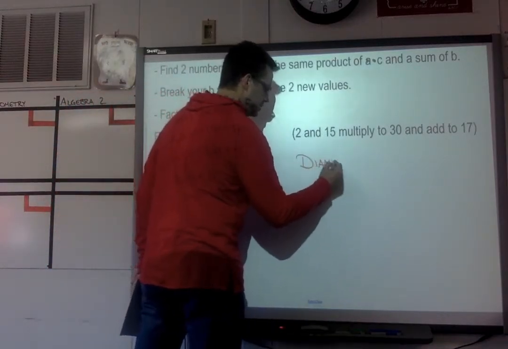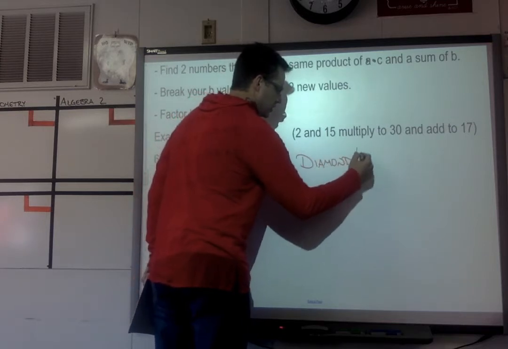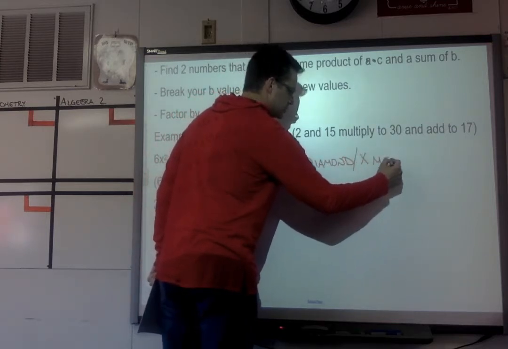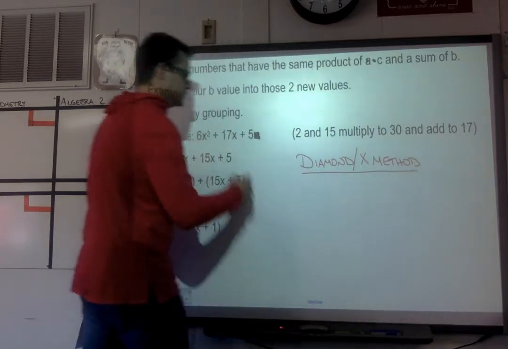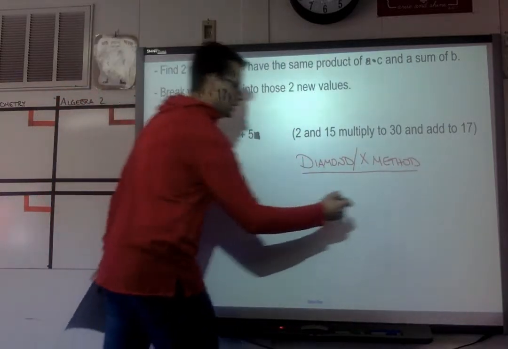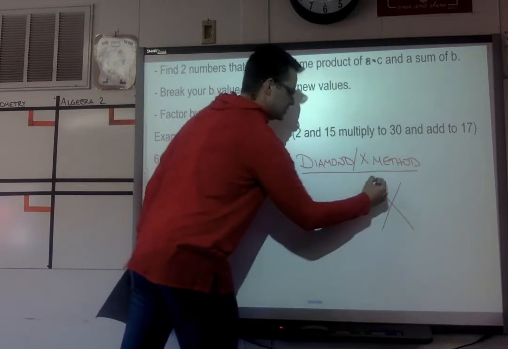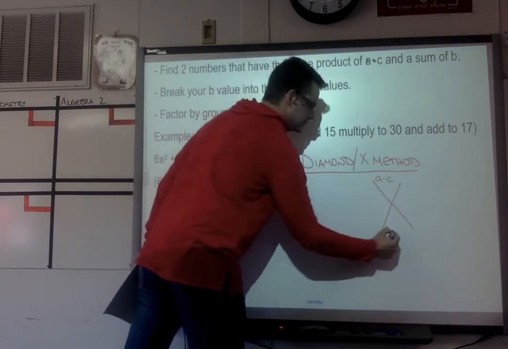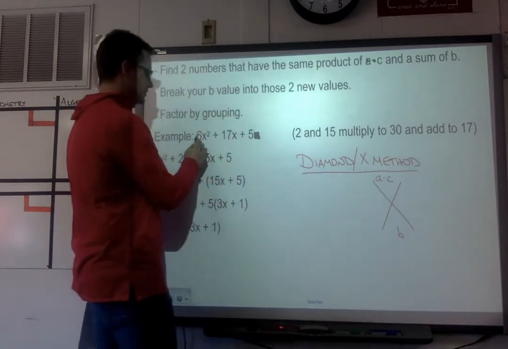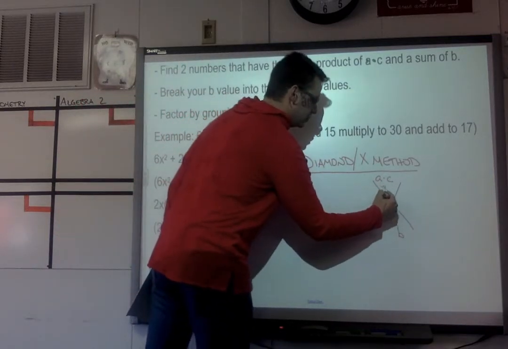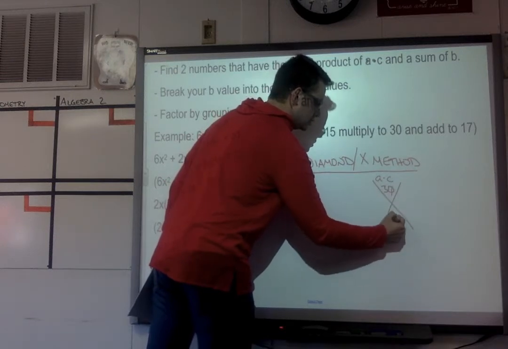So that's one method. Now I'm going to show you the diamond, or we can call it the X method. Using this same trinomial, if we draw in our X, in the top we want a times c, and in the bottom we want b. So a times c, 6 times 5, gives us 30.